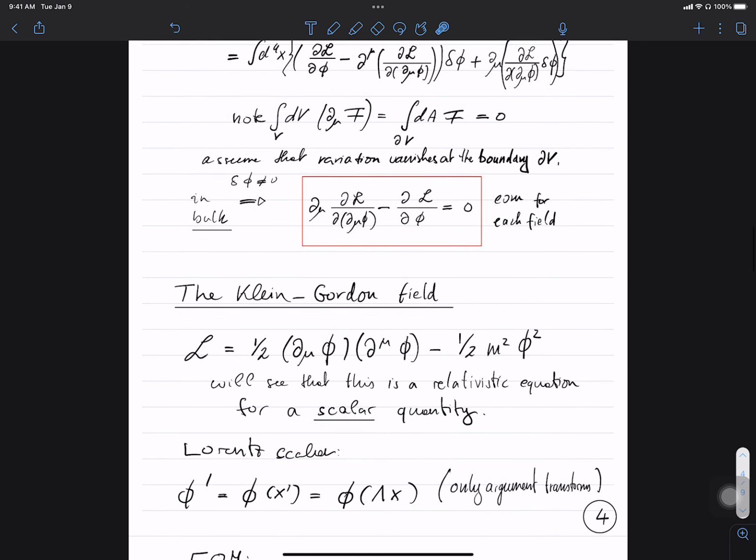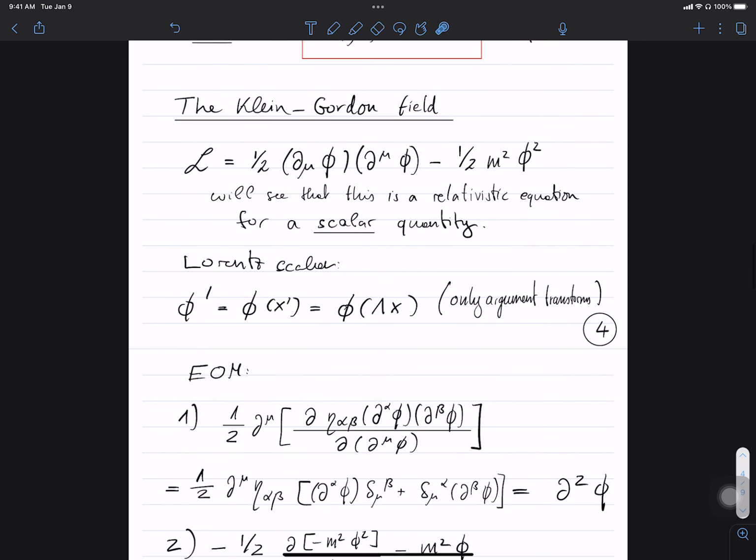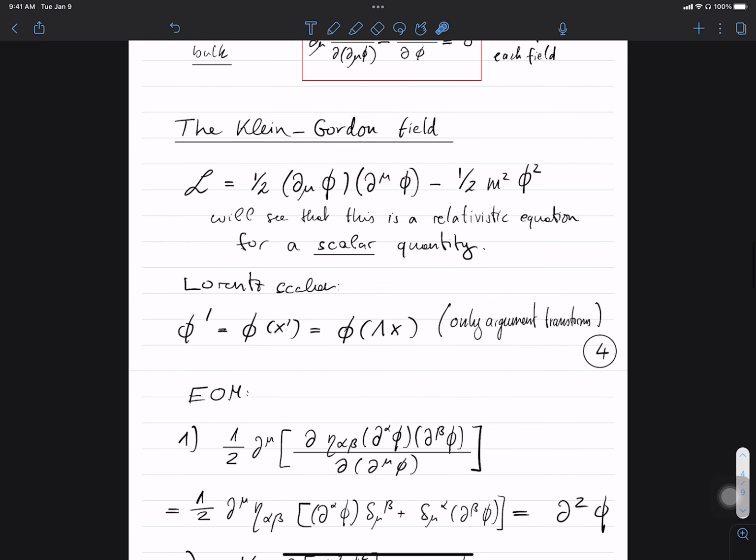Good. Now, after that, we discussed the so-called Klein-Gordon field. This is the first and simplest field theory that was written down. And we see here that it has actually a lot of analogy to the harmonic oscillator.